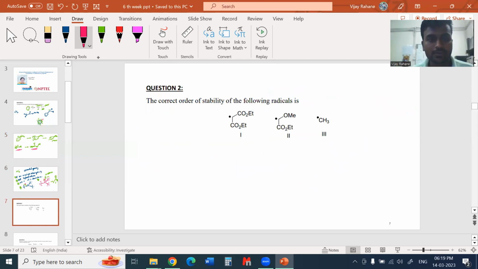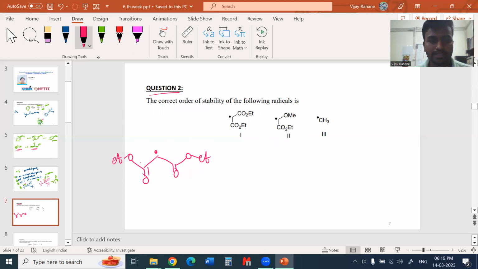In the next question, what they have mentioned is the correct order of stability of the following radicals. So they have given three radicals. We need to just show the order of stability. So I will draw the structure. So this one is the structure of this radical.